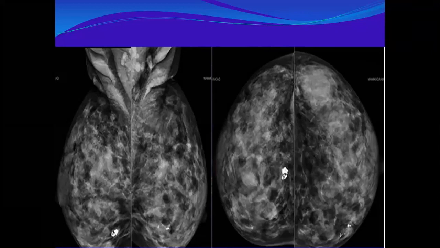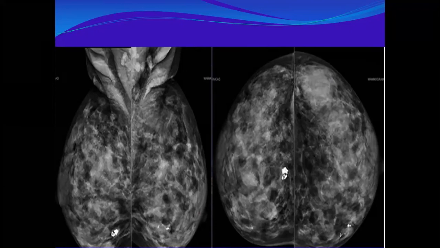On the outer left breast there is a focal asymmetry. Large. Yes, excellent. There is an area of asymmetry seen on the outer CC view. Could you appreciate it in the MLO? No. Okay, what is next?